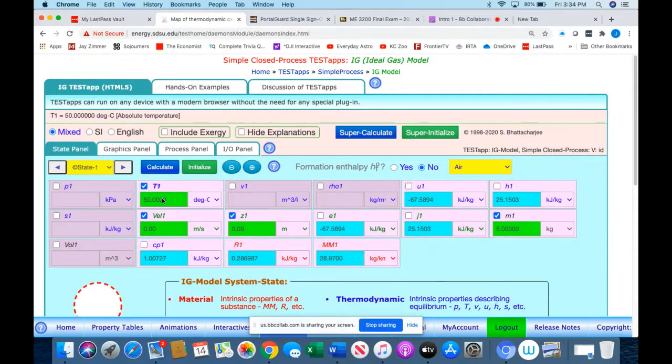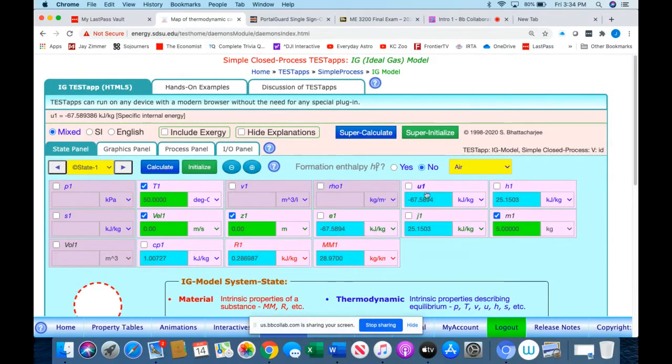Now, what you see in the program, the internal energy for this ideal gas at 50 degrees Celsius is a negative 67.5. Don't worry about the negative sign. All that's really of interest is the change. In this particular case, as we increase the internal energy, that minus 67 will become a smaller negative number, which would imply an increase in temperature.